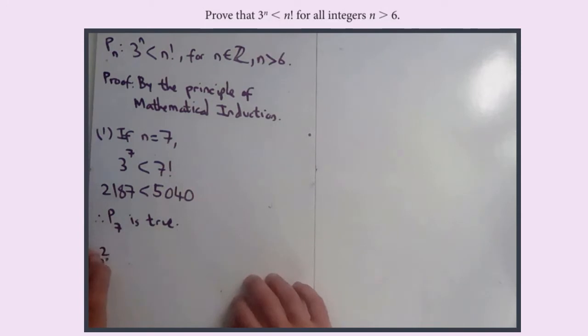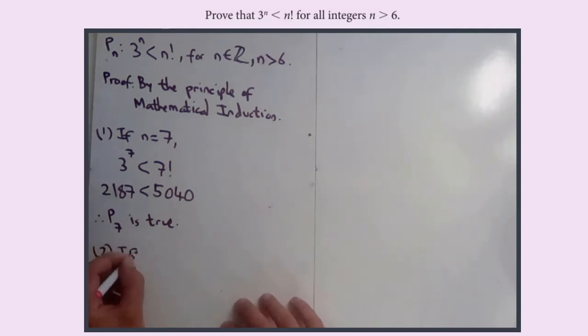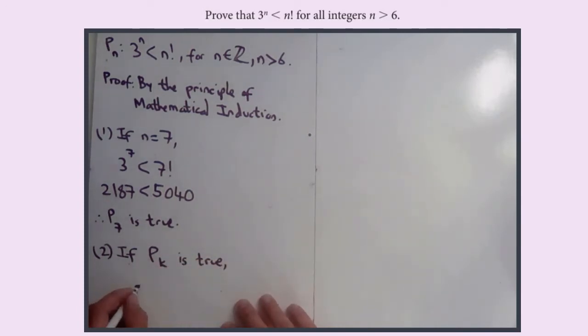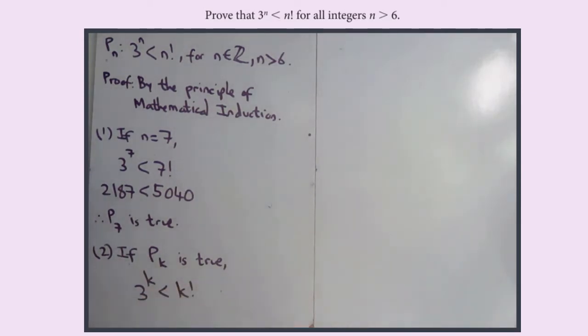Right, so the second step, we assume that the kth case is true. So if Pk is true, then 3 to the k is less than k factorial. Okay, so we're good so far. Now it takes on a different feel.